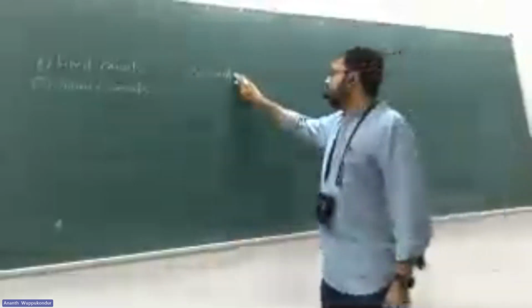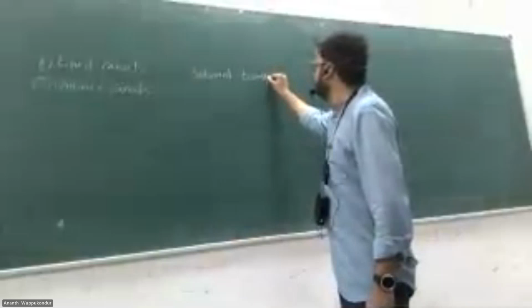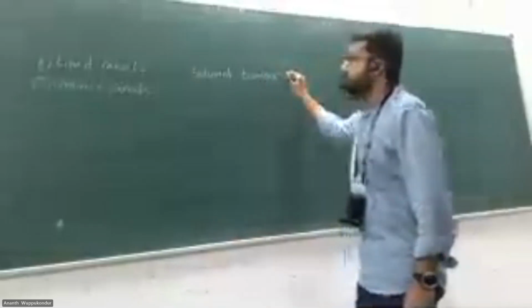Erodes. So now we are talking about sediment transport. So what is sediment transport? When the flow has high velocity, then it starts to remove the sediment particles from the bed, and it is going to cause erosion or scouring.